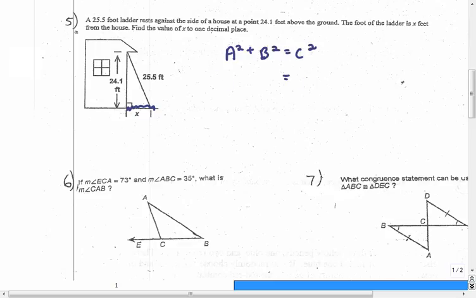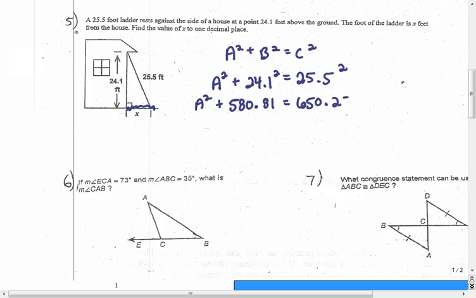Okay, I know that c squared is 25.5 squared. I know that one of my legs, it doesn't matter whether that's A or B, is 24.1. I'm going to square that. And I'm trying to find the other leg. Okay, so when I punch this in my calculator, I get 580.81 plus A squared is equal to 650.25.